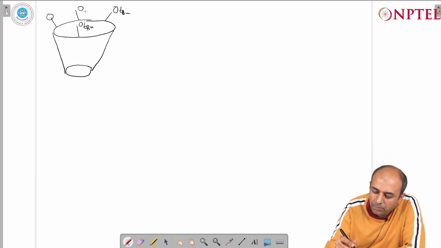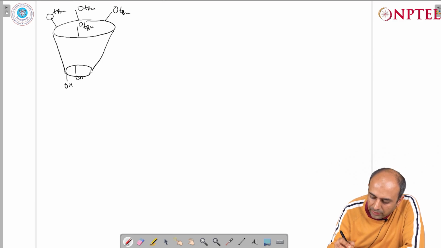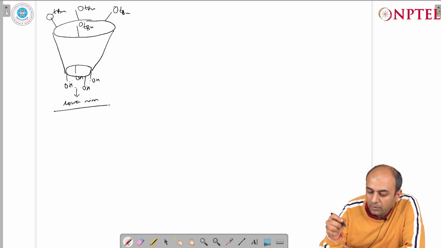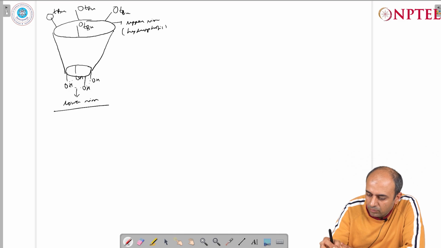These are the non-polar parts, and the polar hydroxyl groups are present here, and these form a hydrogen bonded array. So, this is the lower rim, this is the upper rim which is hydrophobic, this is hydrophilic.